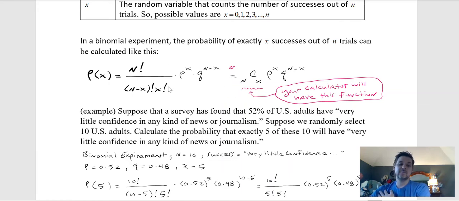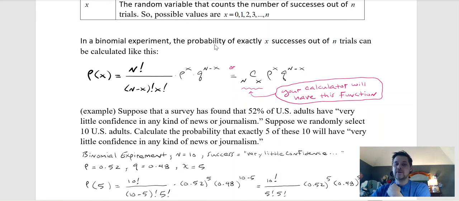Let me read the symbols to you. That says n factorial. This is an exclamation mark, I know that, but in math, it's called a factorial.